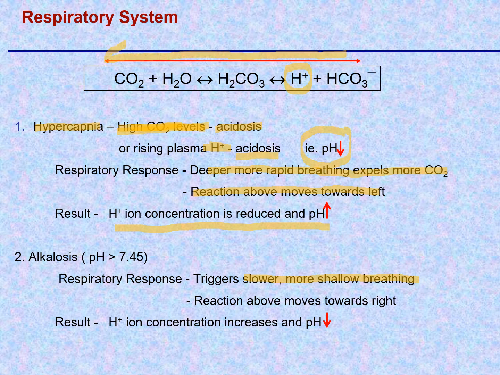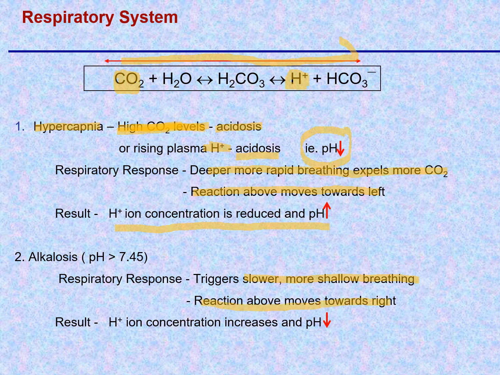However, if you breathe more shallow and slower, you get an accumulation of CO2. CO2 rises in concentration, then the reaction starts moving that way, and hydrogen ions start to accumulate, and the pH rises back up into the normal range.